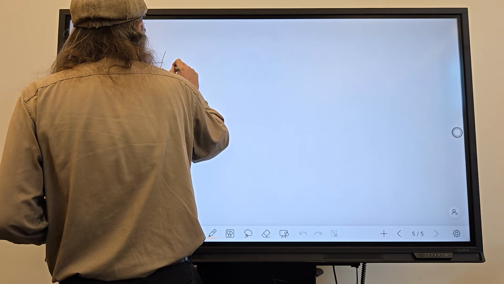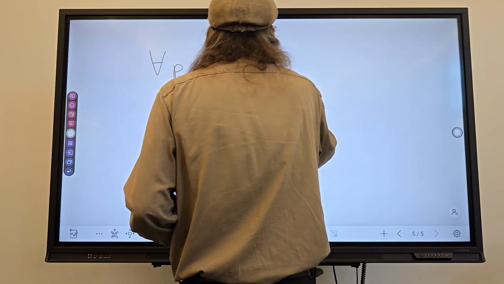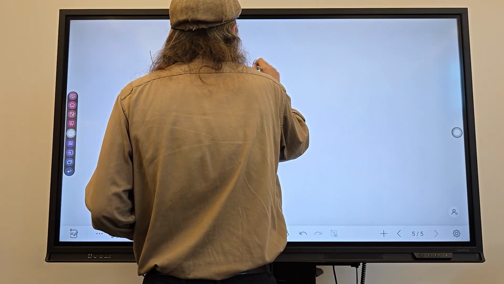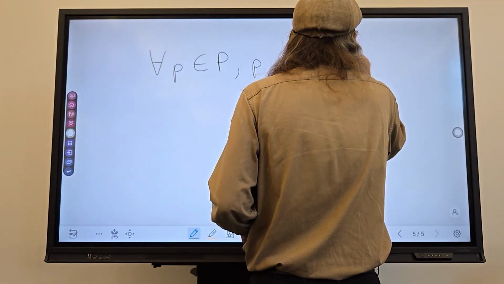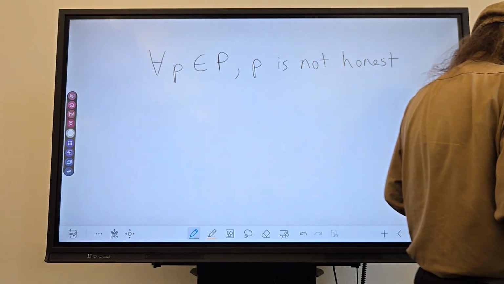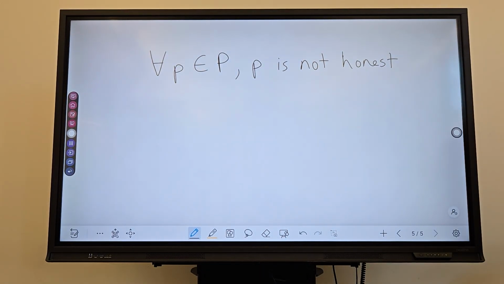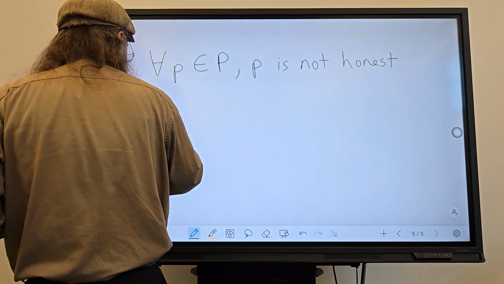For all P elements of P, P is not honest. Okay? Well, the negation of that would be an existential statement because this is a universal.